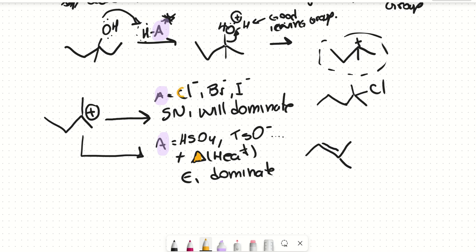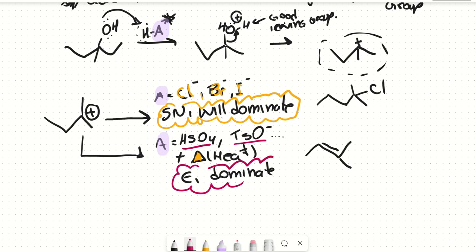If you have chlorine, bromine, or iodine and this acid over here, SN1 will dominate. If you don't have those halides over here, and we have sulfuric acid or TsOH or any other acid plus heat, E1 will dominate.